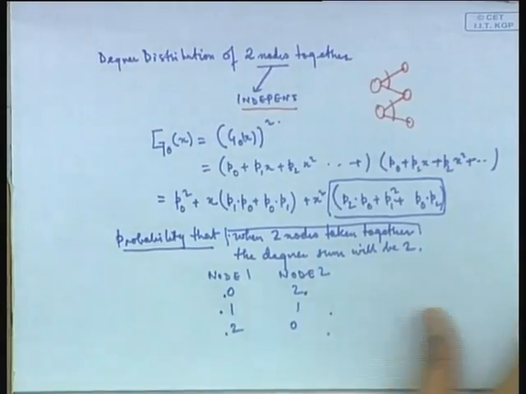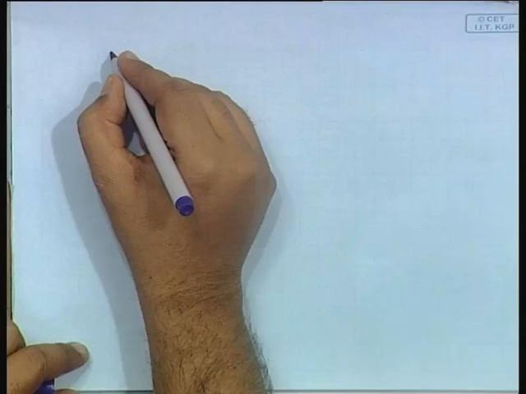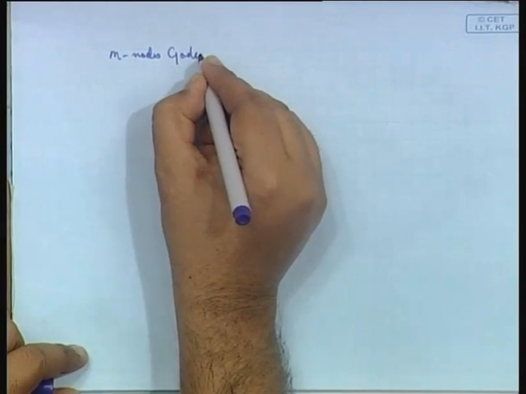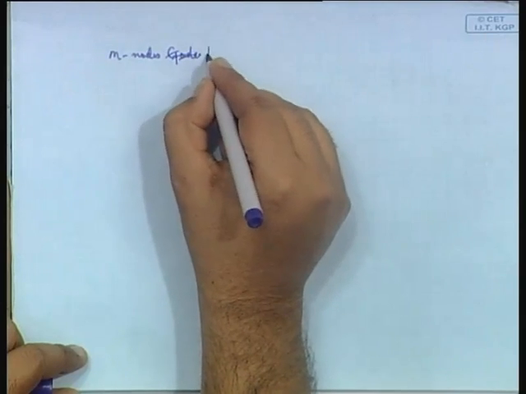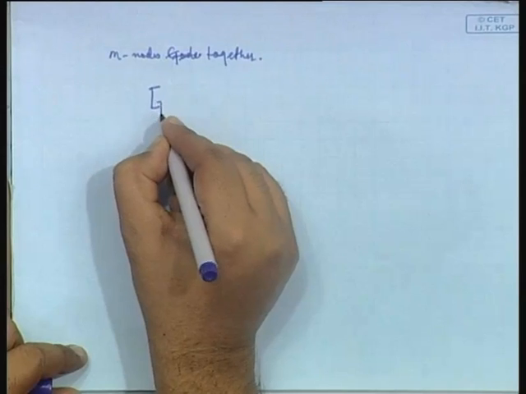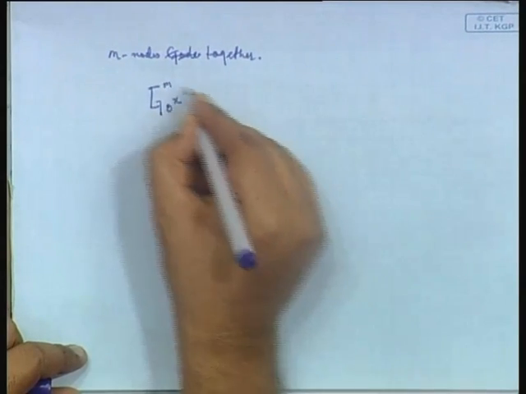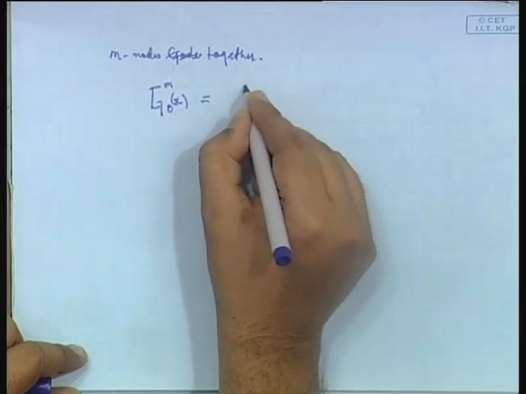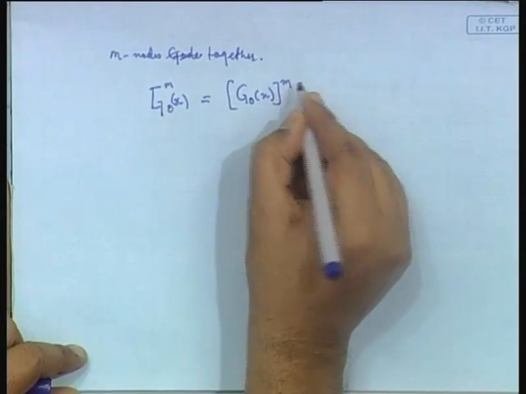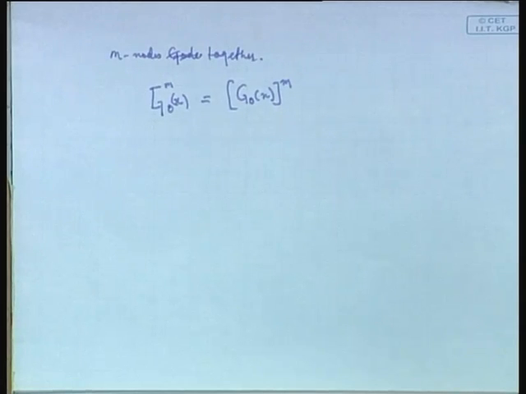If I consider m nodes together, then G0 x m will basically be G0 x to the power m.